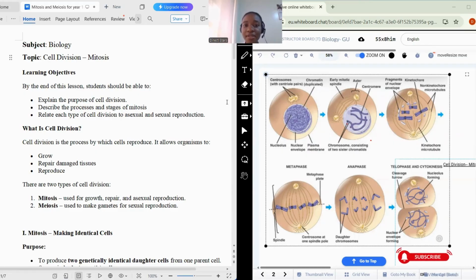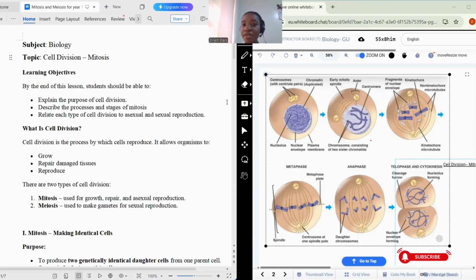So there is a process that we call the cell cycle. The cell cycle is simply the process by which our cells are generated. These cells that are generated are what we use for the continuous supply of new cells.